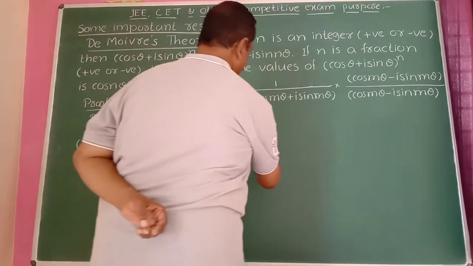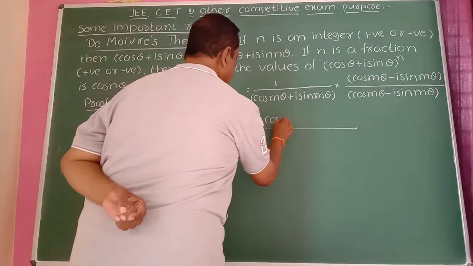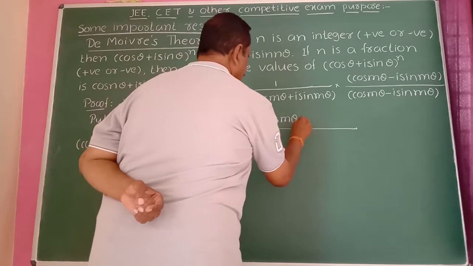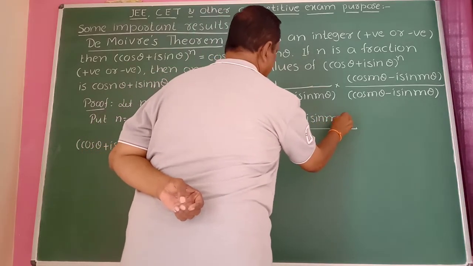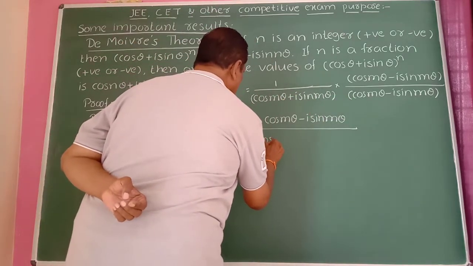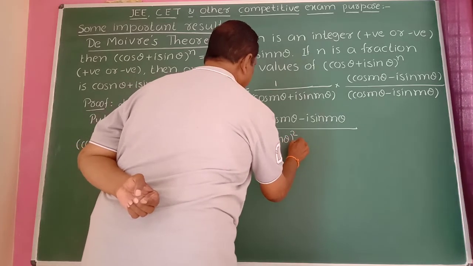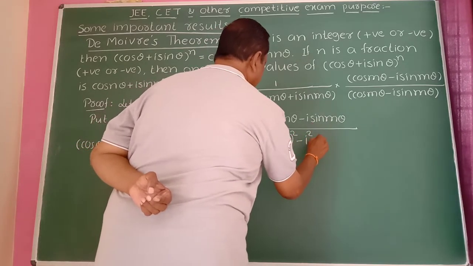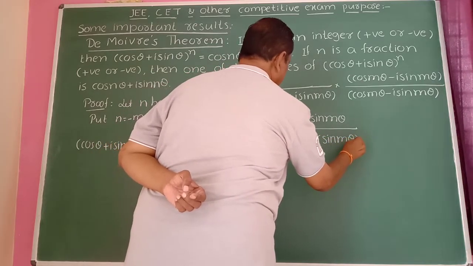Therefore this is equal to, write the numerator as it is, cos m theta minus i sin m theta, and the product of the denominator: cos squared m theta minus i squared sin squared m theta.